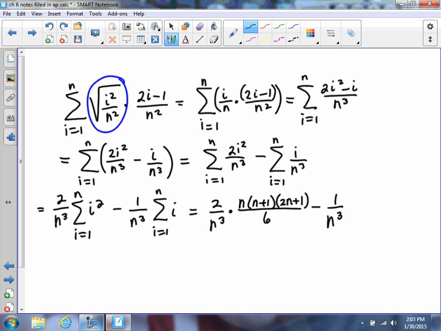Yes? So when we're finding the second one, just the i by itself, you plug in 1 for i, but how do you know what it goes to? I don't know what you're saying.